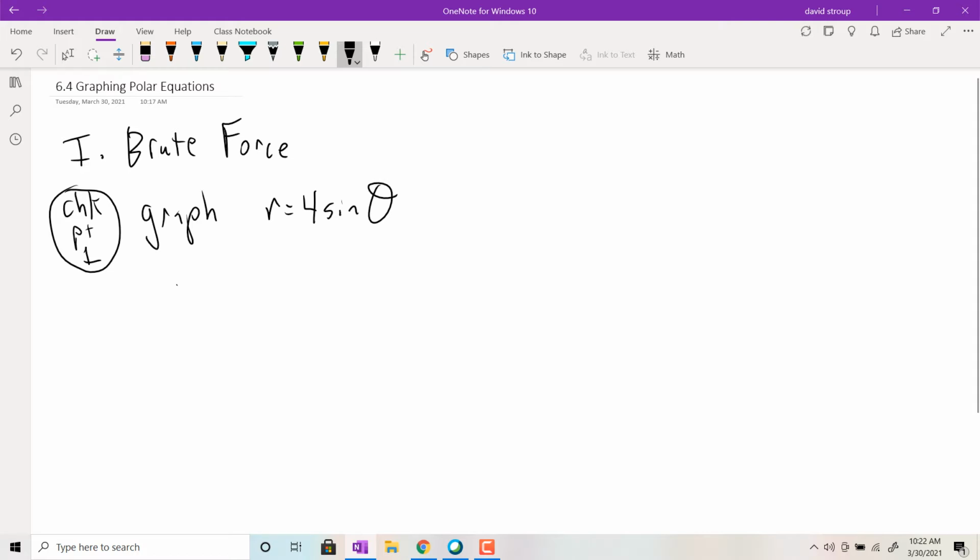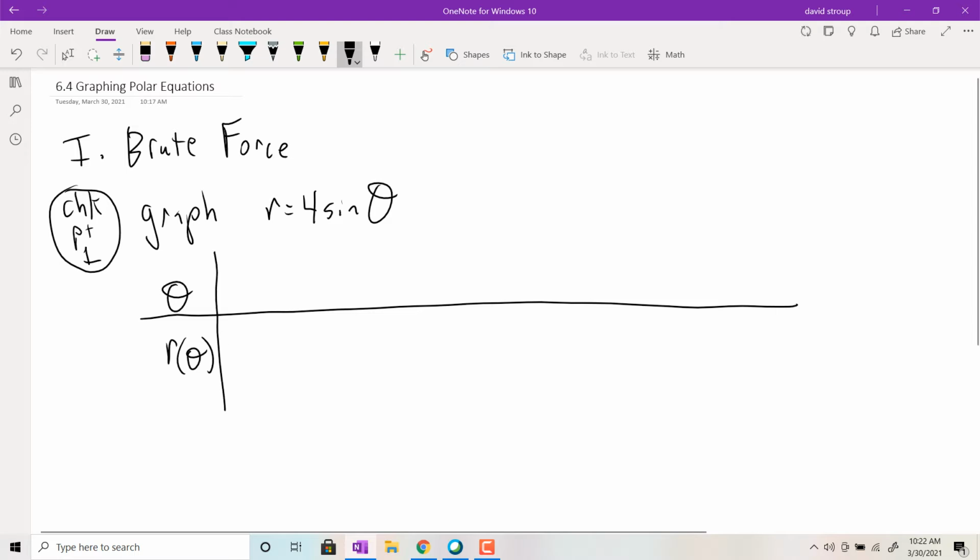Instead of x and y, you'll have theta and r, where r is a function of theta. I'm going to graph a whole bunch of values starting at 0 and going by increments of pi over 6.